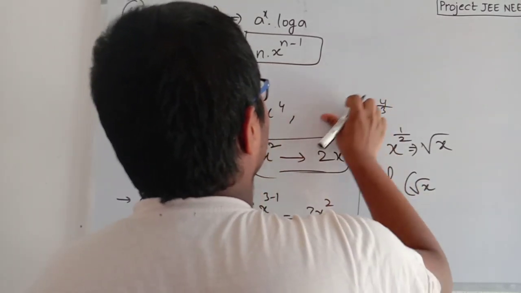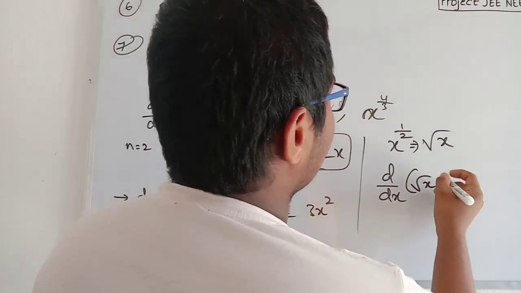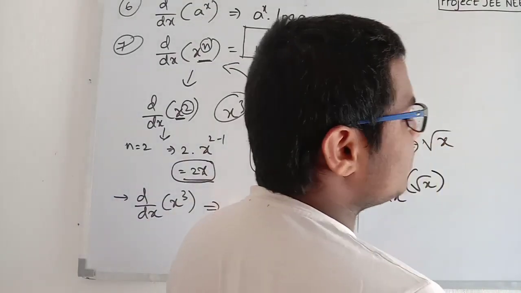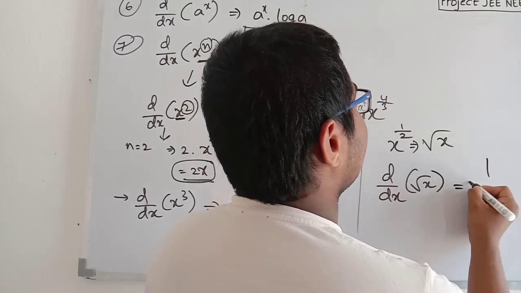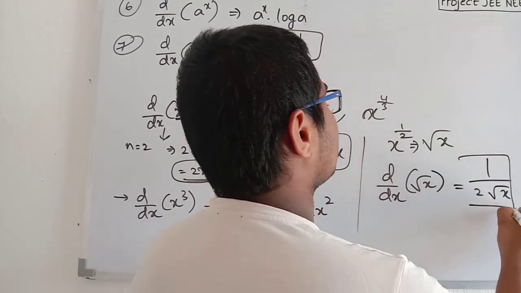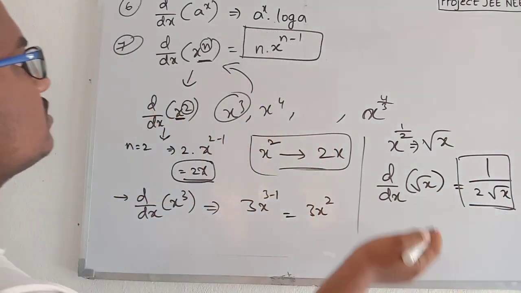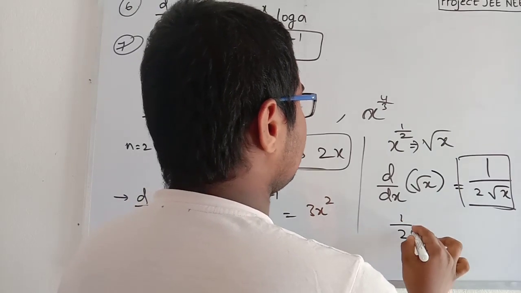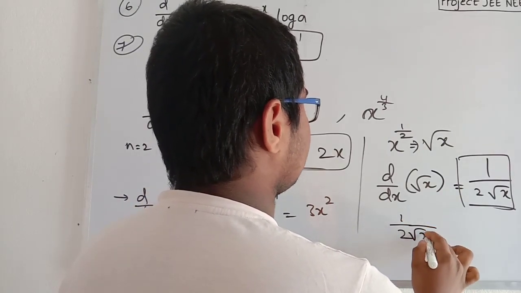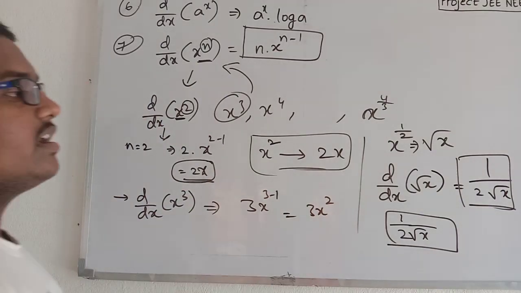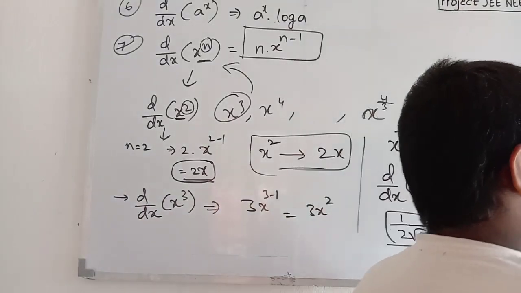The result is 1 by 2 root x. This is a result. By substituting in this type of formulas, we get 1 by 2 root x as the final result.